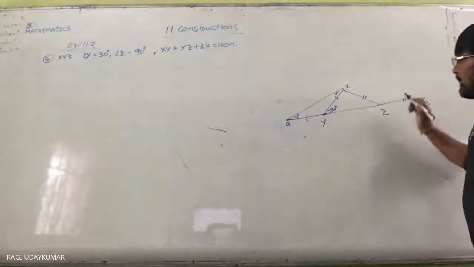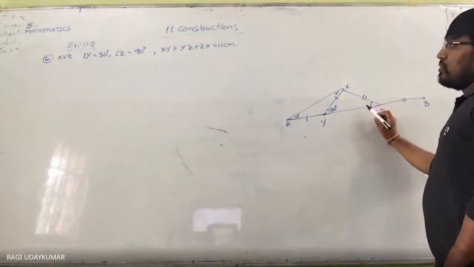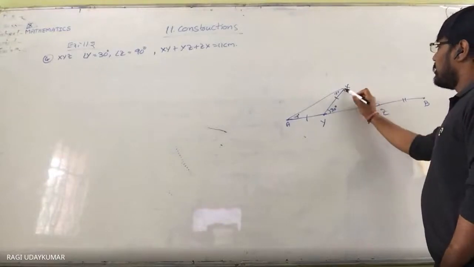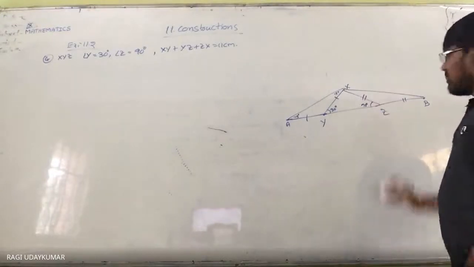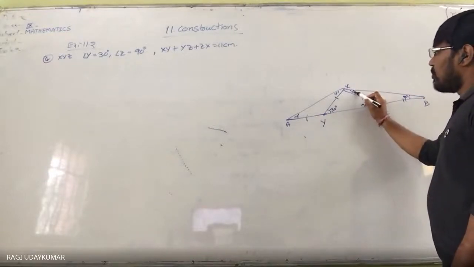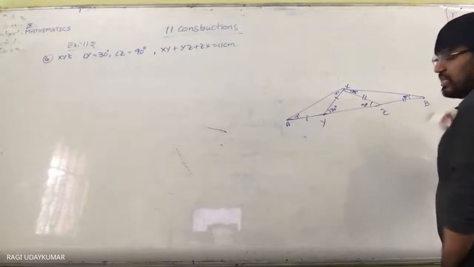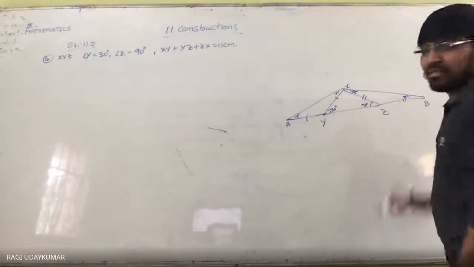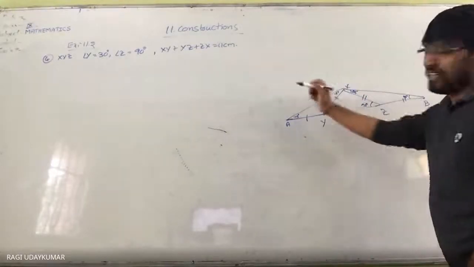In the same way, Z is given as 90 degrees. Join these two. Imagine, so this angle will be 45 degrees. So you can draw lines from AB, here 15 degrees, here 45 degrees.